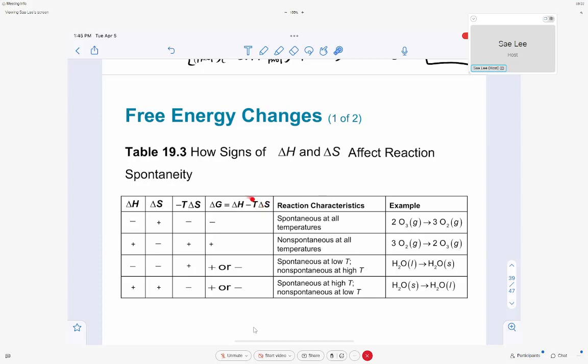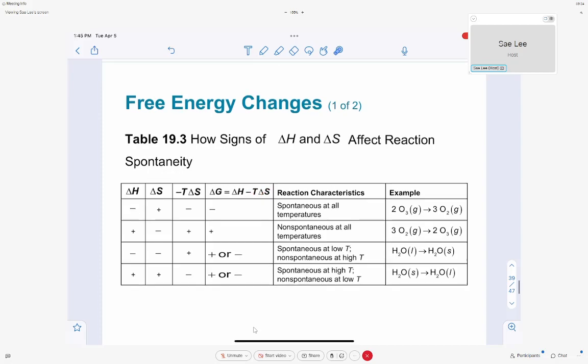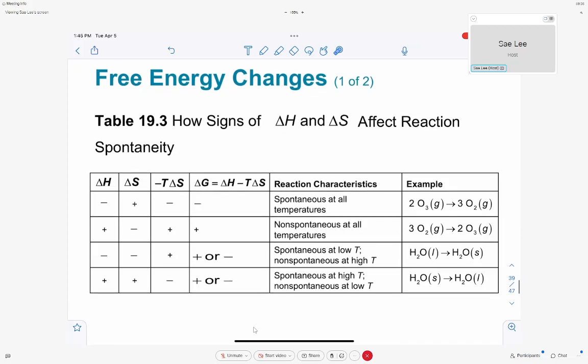So we're going to take a look at how the signs of the enthalpy, entropy, and temperature affect the reaction spontaneity, how it affects the delta G. For example, if enthalpy and entropy have opposite signs, it's rather simple.